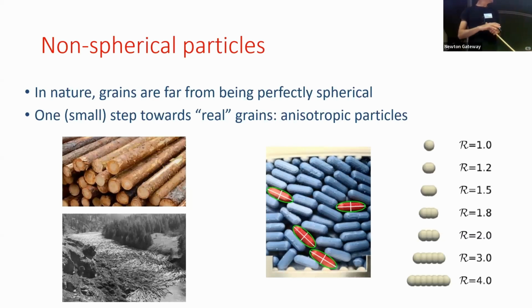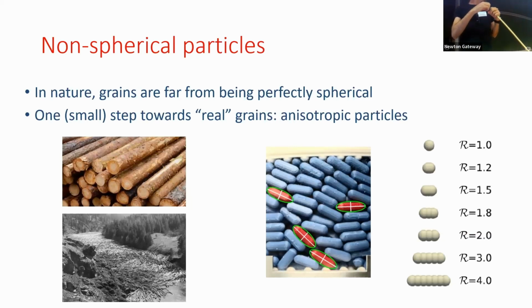So we model a flow of logs, and we also carry out experiments with elongated particles that you can see here, which are 3D printed, and also perform simulations with clumps of spheres.